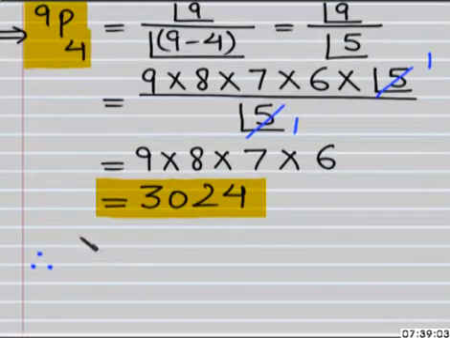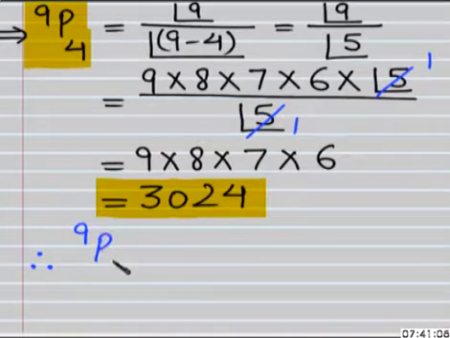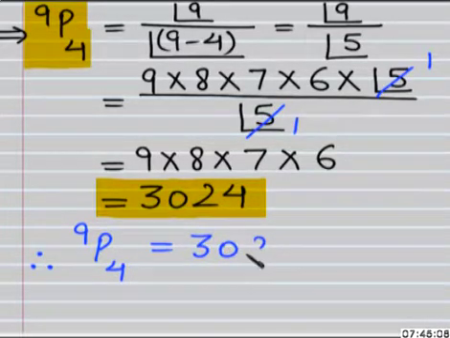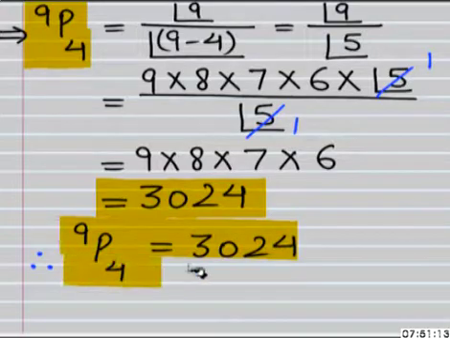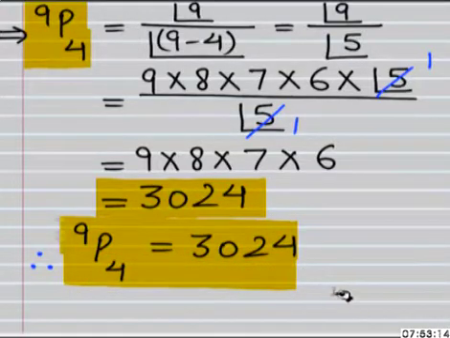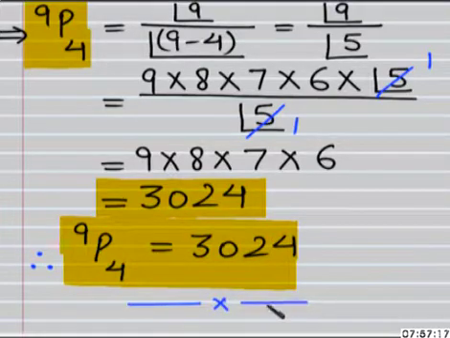Therefore, we have 9P4 is equal to 3024. Hence, this is the required solution.